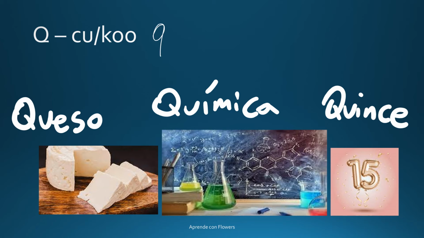It will usually always be paired with a QUI or a QUE. Because, like, QUE is que, like what? But it will also have an accent on there too, right? So, you will never see Q by itself.